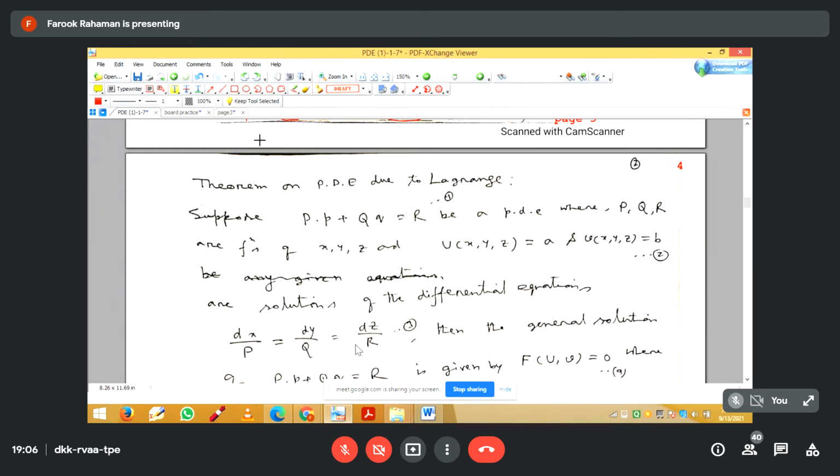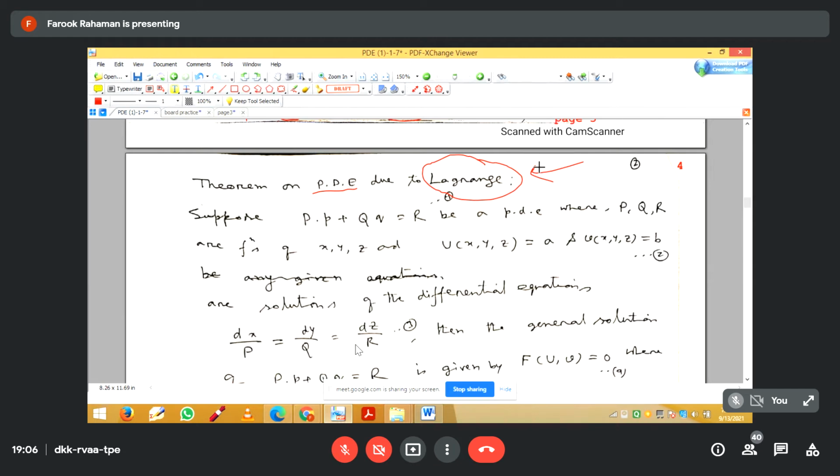To solve the first order partial differential equation, we use the theorem or formula given by Lagrange. Lagrange proposed this formula or theorem to solve the partial differential equation.